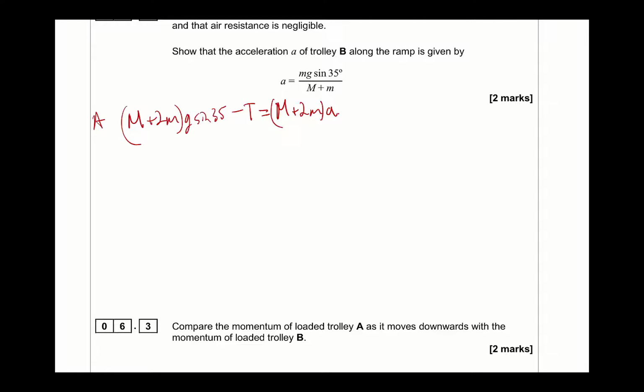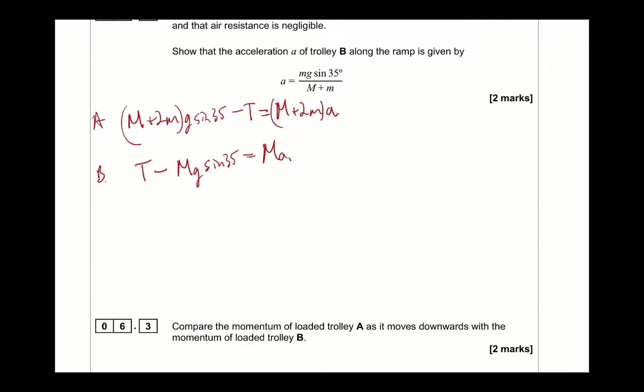Okay, now because these things are connected, they're going to have the same acceleration. So for trolley B, tension minus Mg sine 35 is equal to M times a. So I've got all the same variables in this.